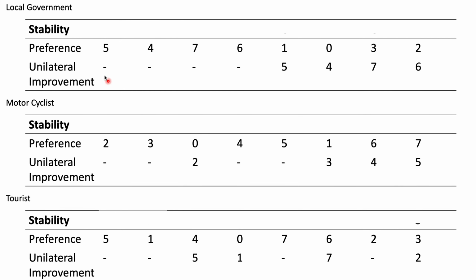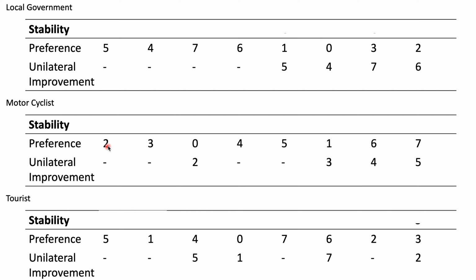After that, we compare these 3 tables that we have made. Now we look at the rational, sequential, and unstable choices. From the local government, we see that the preferences 5, 4, 7, and 6 are the scenarios which are already the most preferred for local government, so there are no unilateral improvements.